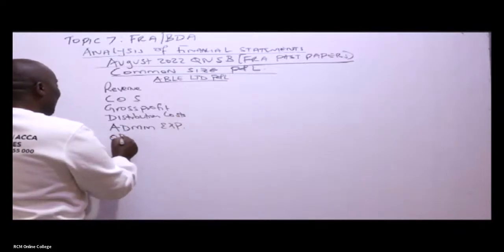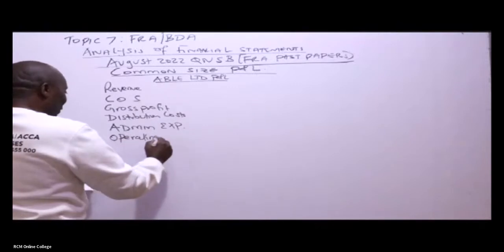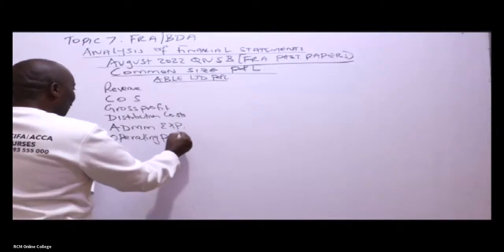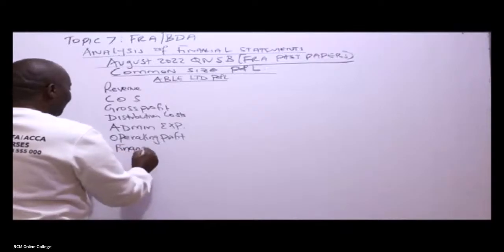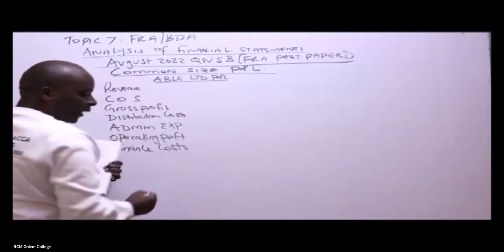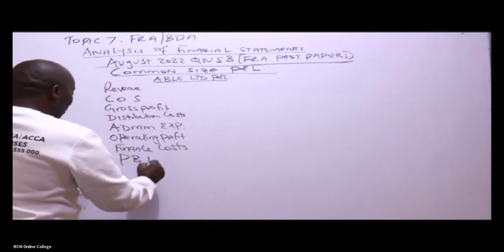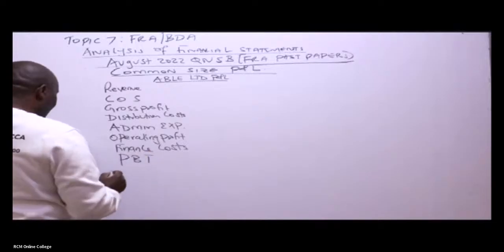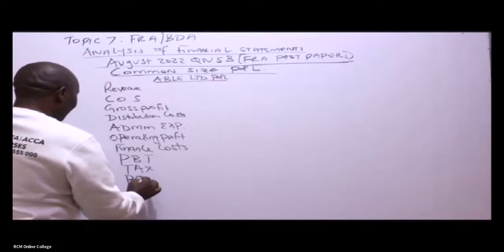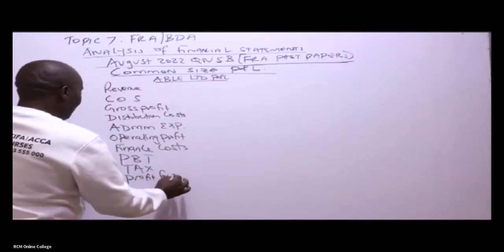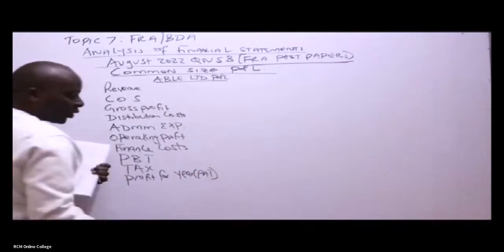Of course, the BDA students are very lucky because you are not copying anything. Already you have the question. So we have operating profit, finance costs, a PBT, profit before tax, and then we have profit for the year, our PAT, profit after tax.